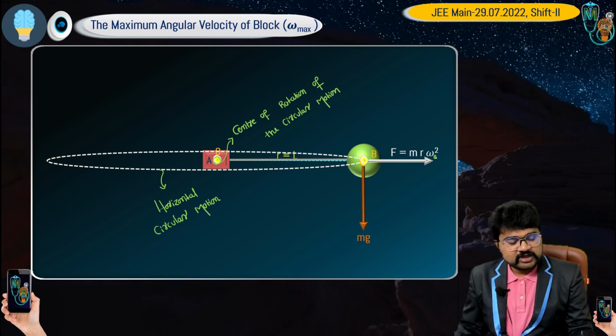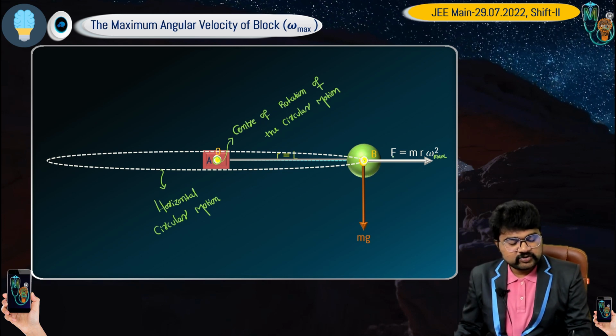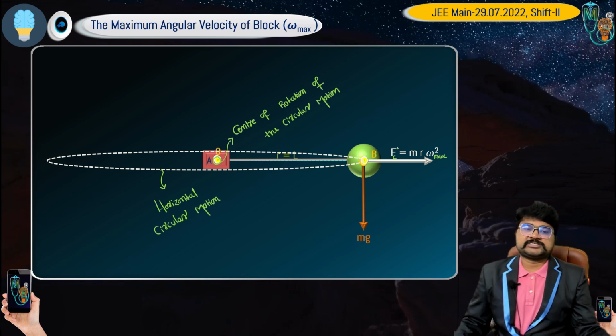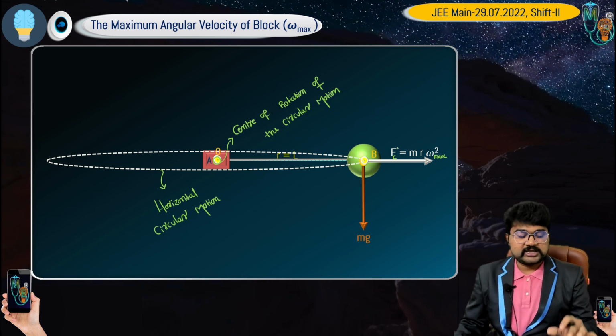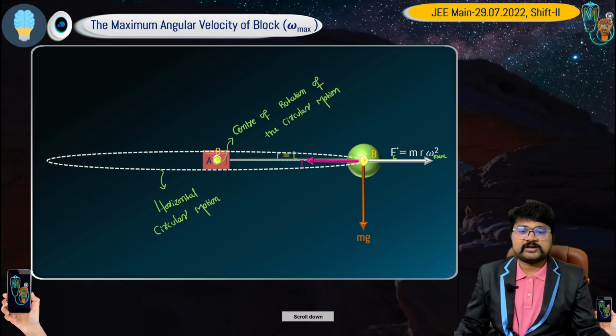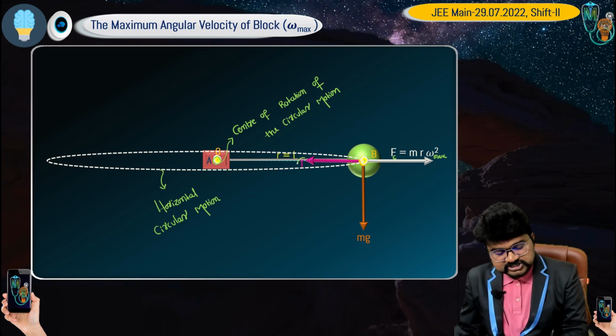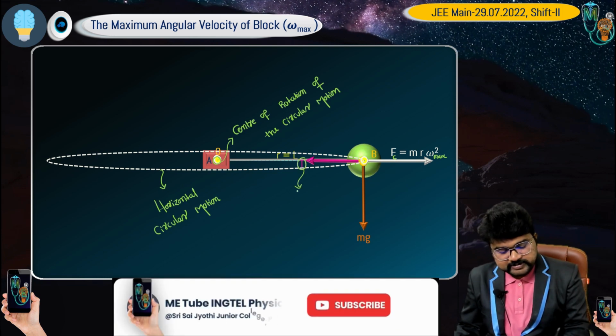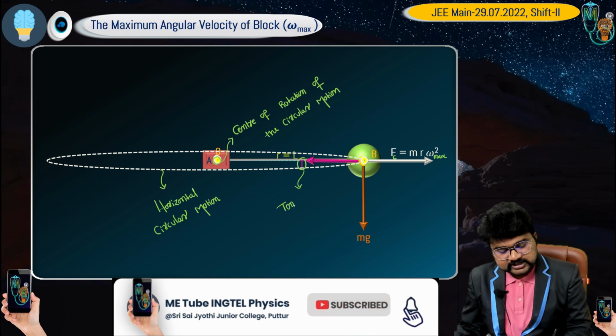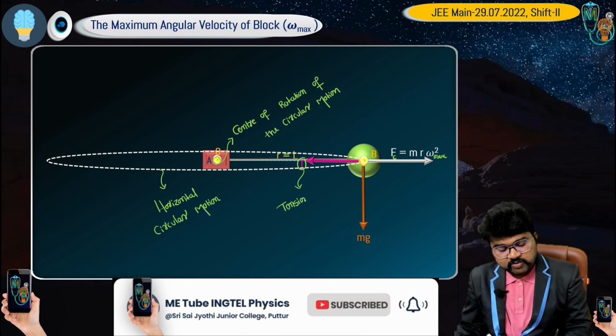Centrifugal force acts away from the center of rotation. This is the maximum centrifugal force, FC maximum, away from the center of rotation. The tension in the string, the tension in the wire.